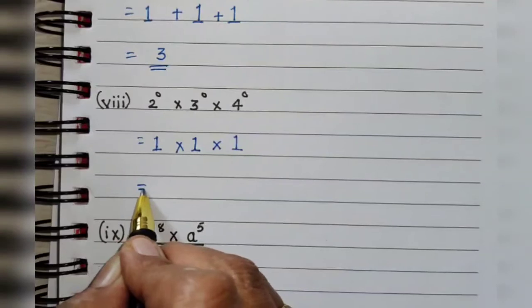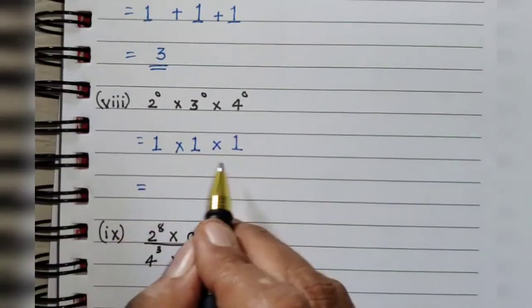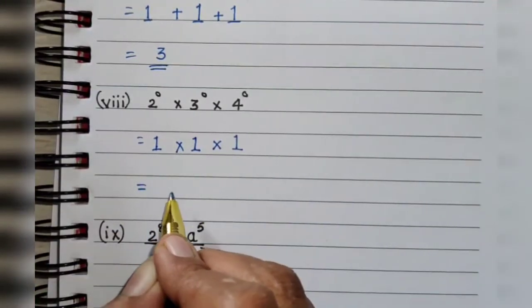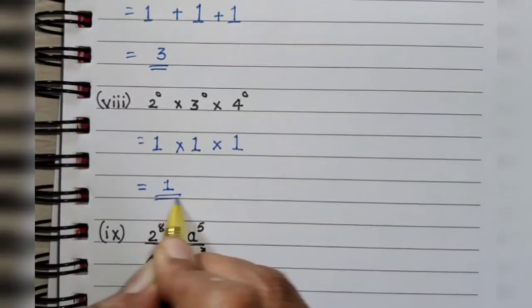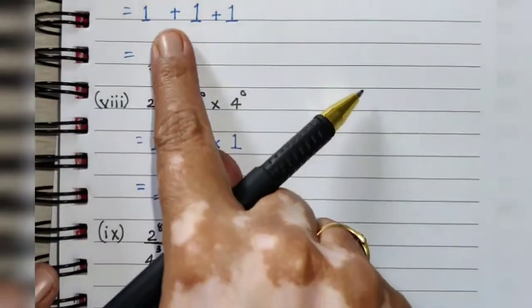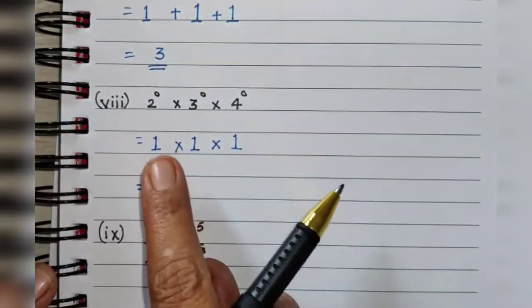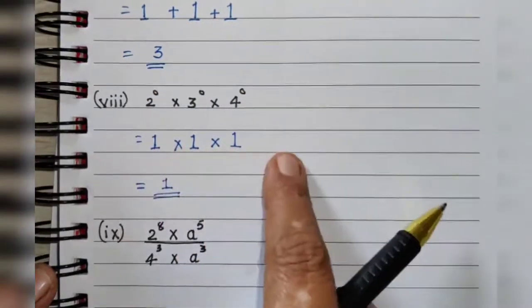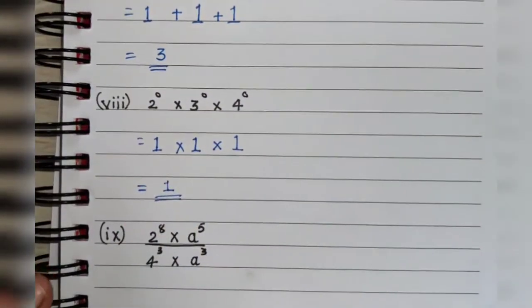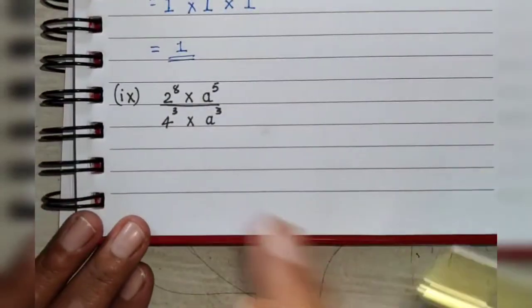You multiply 1 two times, three times or 100 times, the answer always comes as 1. So see, when addition was given, the answer came as 3, but when multiplication is given, after multiplying we get the answer 1.